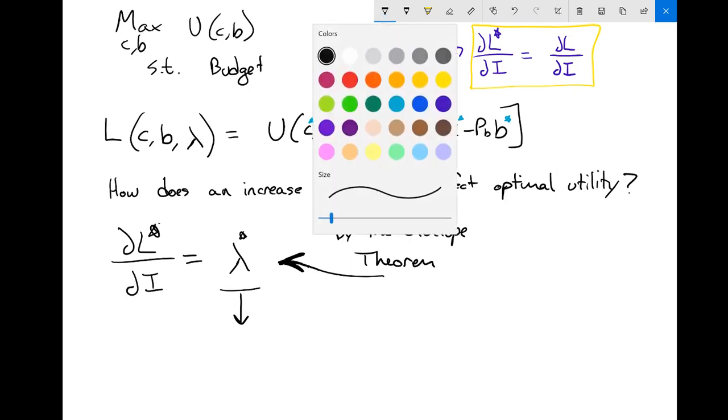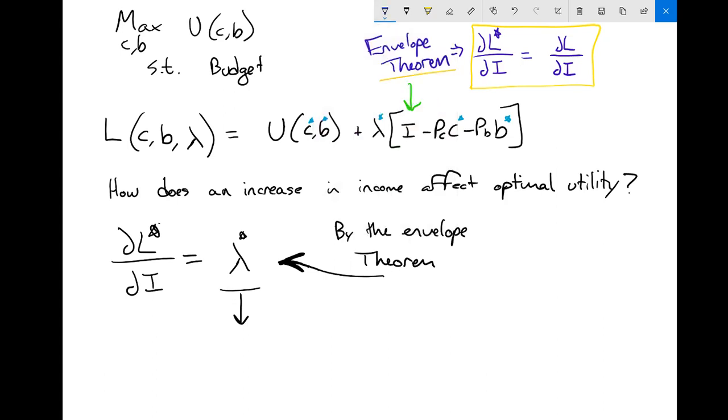That means this is going to have some economic intuition that's interesting. What does lambda stand for? Well, we can actually intuit the economic meaning of this variable lambda. Why? Well, how does a change in income affect overall utility? Well, it changes it by lambda. So let's try to interpret this.